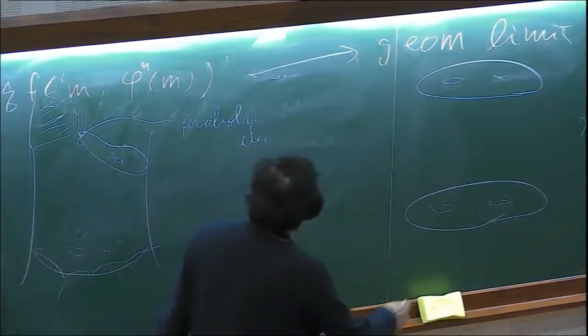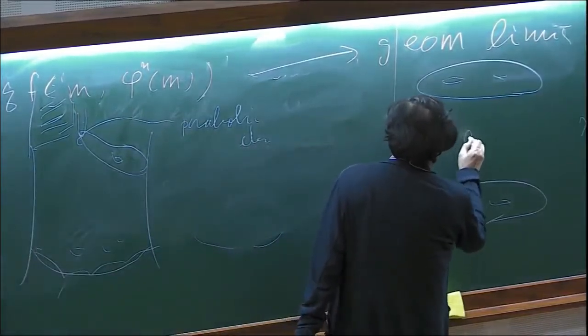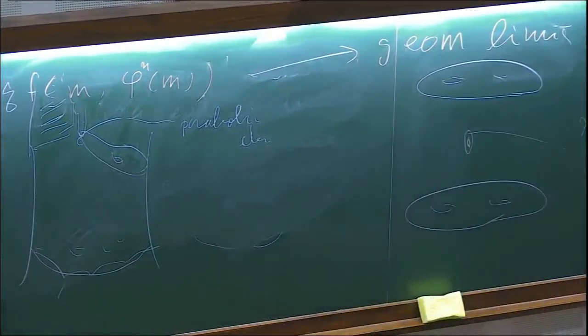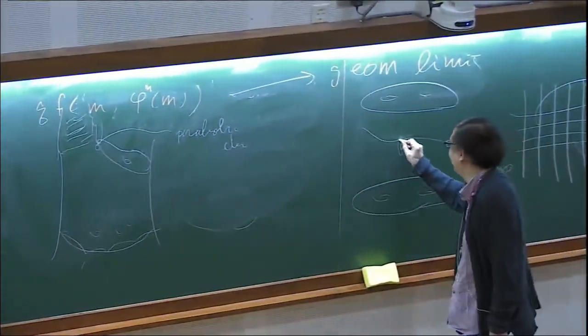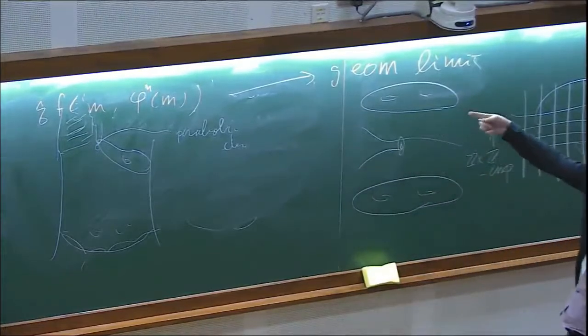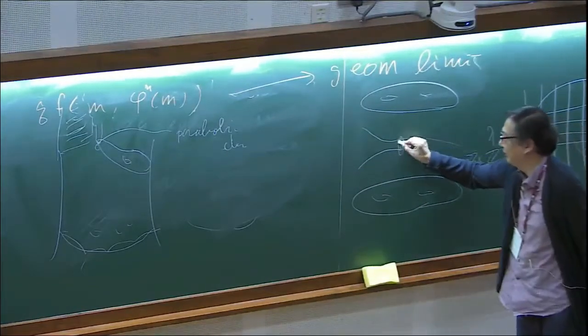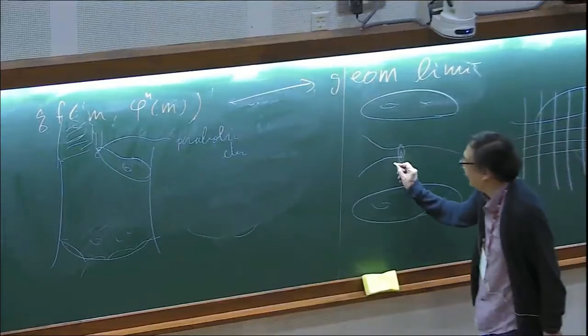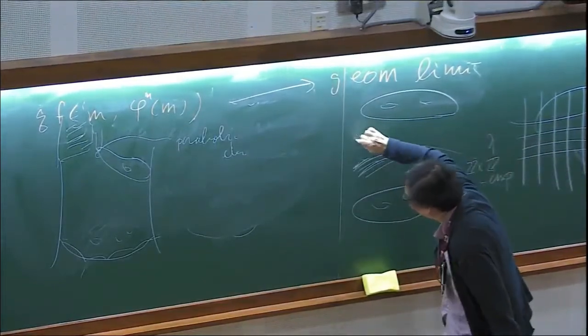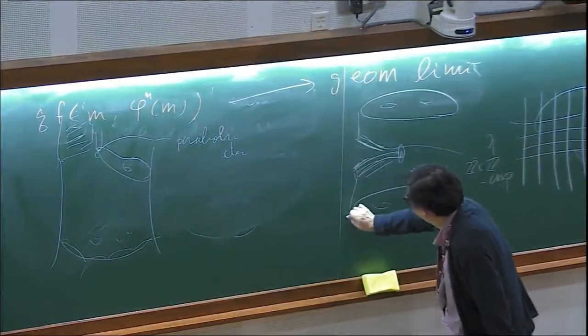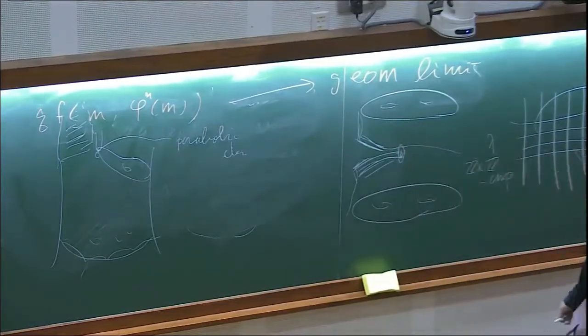And you have a middle part, and as in the case of the double limit, you have a rank 2 cusp here. And the manifold is split along one of the parabolic elements. You have a geometrically infinite end here, and another geometrically infinite end here. So the picture is like that.